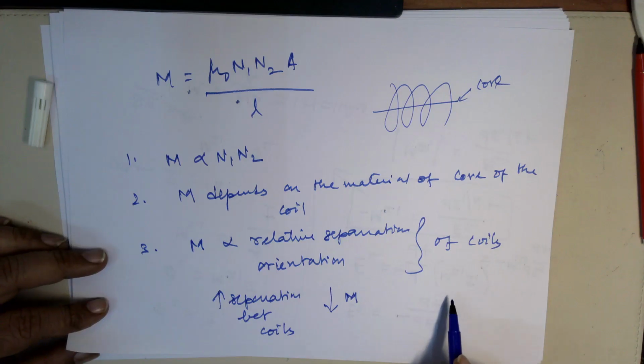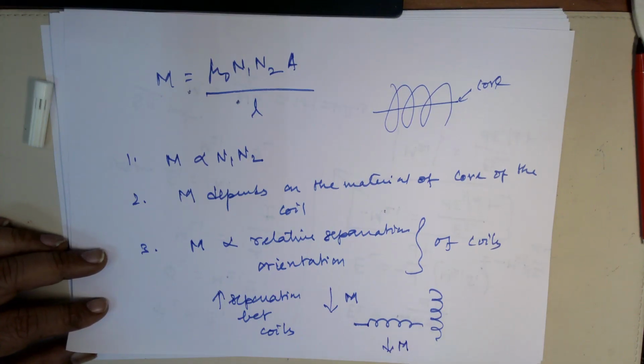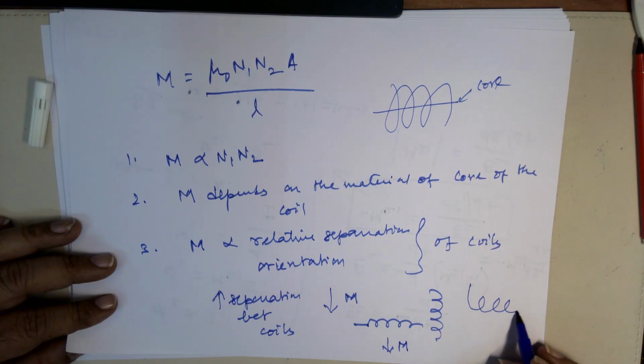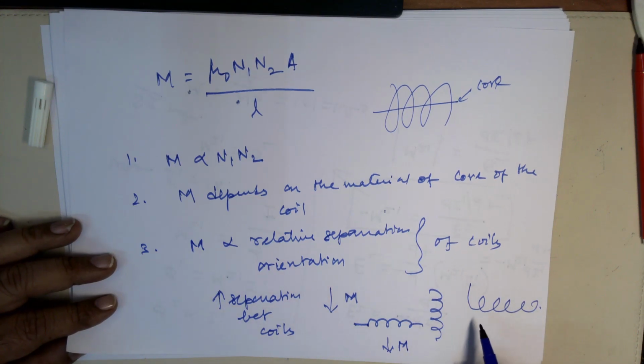And also, when you keep one coil like this and another coil like this, there is the lowest mutual inductance. And when you keep one coil like this and the other wound like this, this leads to maximum mutual inductance.